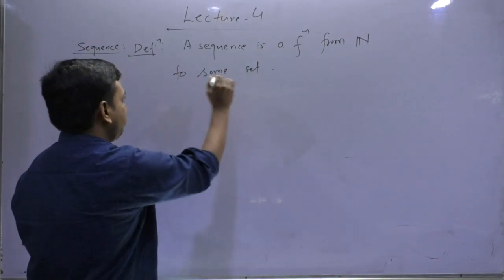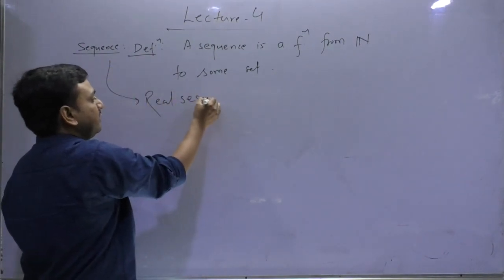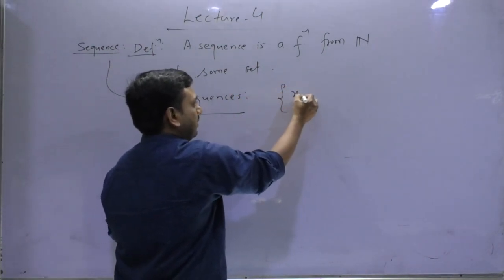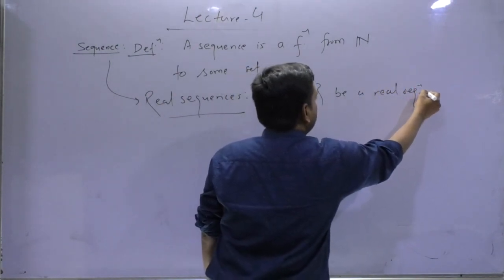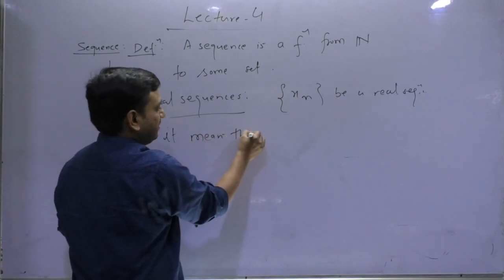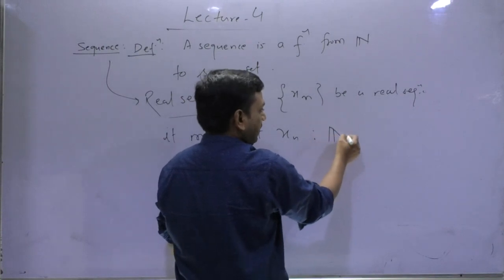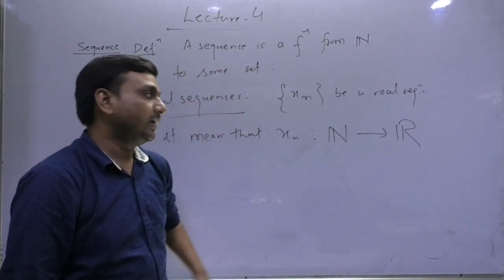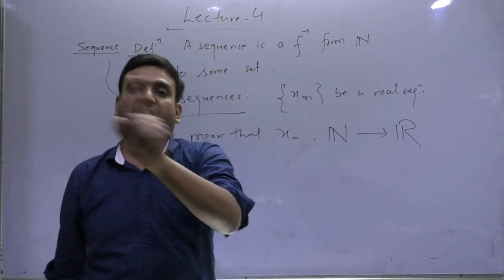Let's say I talk about real sequences. So what I'll say, xn be a real sequence. It means that xn is nothing but a function from set of natural numbers to set of real numbers. This domain will be always fixed.